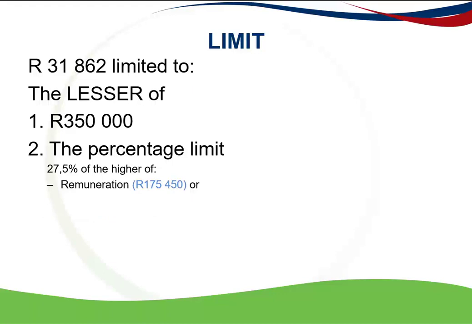In this case, it was given in the question, 175,450. In some instances, you'll have to calculate that yourself, and you will have had to do the study unit on prepaid taxes and know the definition of remuneration. Please remember that your remuneration is different to gross income. There's a specific inclusion of certain amounts, and it relates to employment.